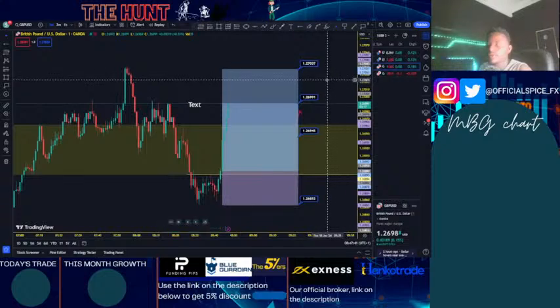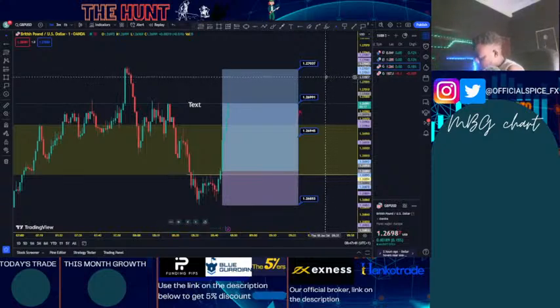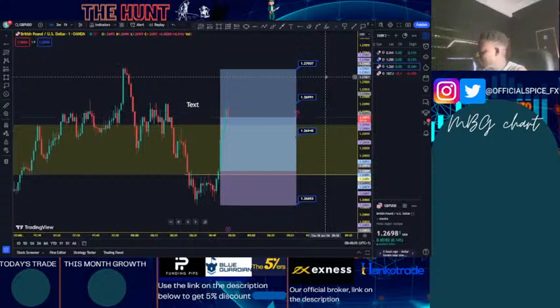All right, TP2 hit. So now I'm closing most of my position. I'm just going to leave 1% of the position. So I'm closing the majority, 99% of my entry, right here.